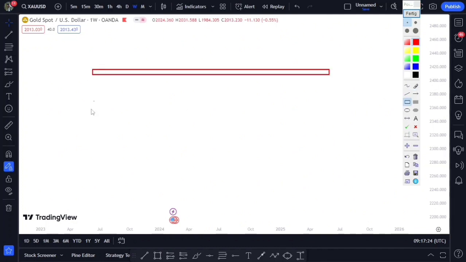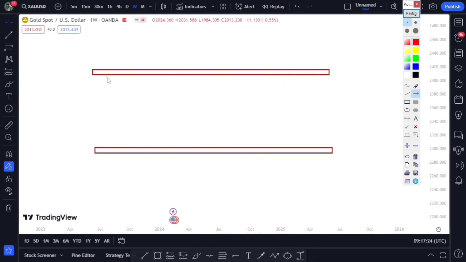So when you have a resistance and when you have a support, you need to understand something. Support and resistance are not a certain price, they are a set of prices. For example, let's say that this is a resistance level, price of it is 2000. Seeing the price hitting this level gives an idea that it may not reject exactly your 2000 level.